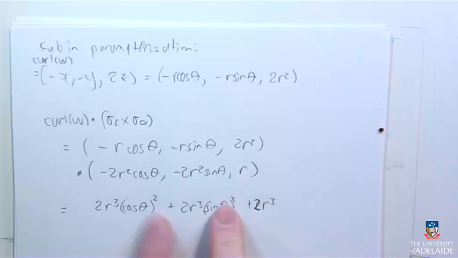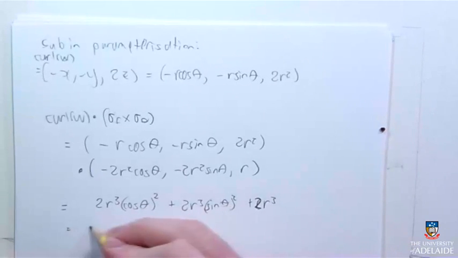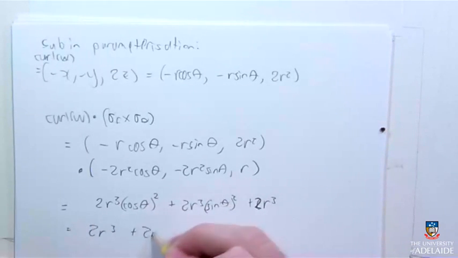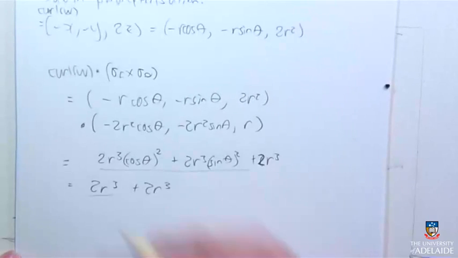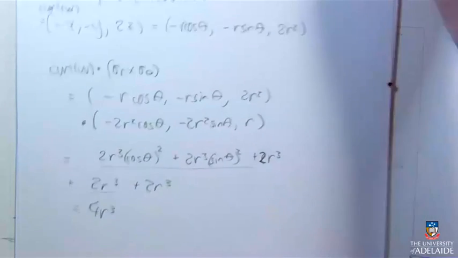And cos squared plus sine squared is 1, so I end up with 2r cubed plus another 2r cubed, and so I end up with 4r cubed. Nice. Beautiful. So what's my integral become?